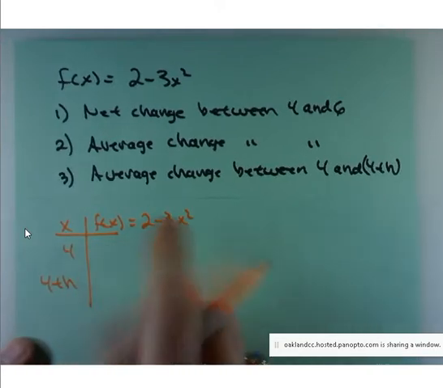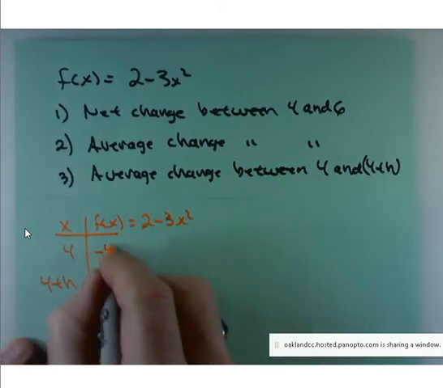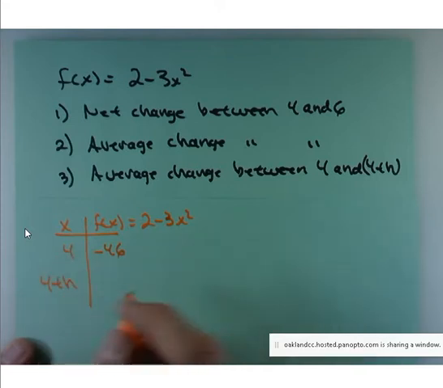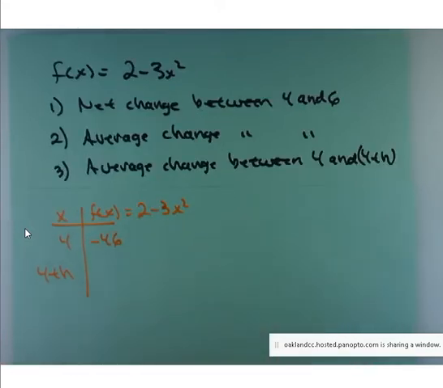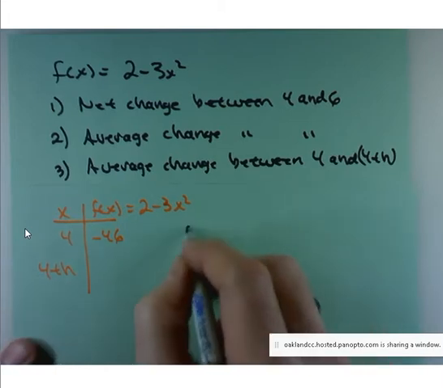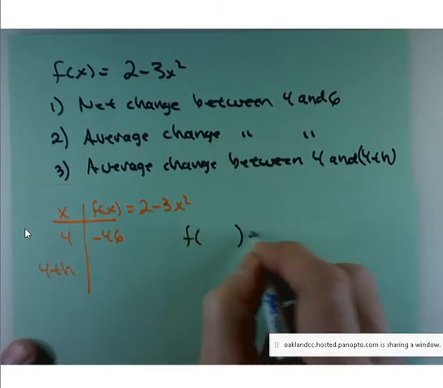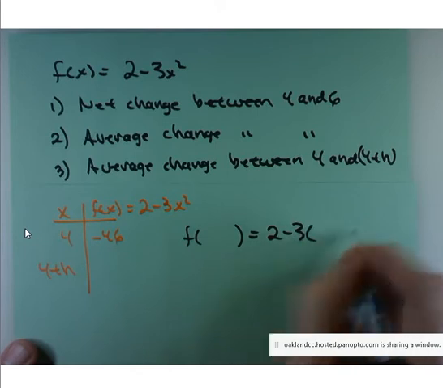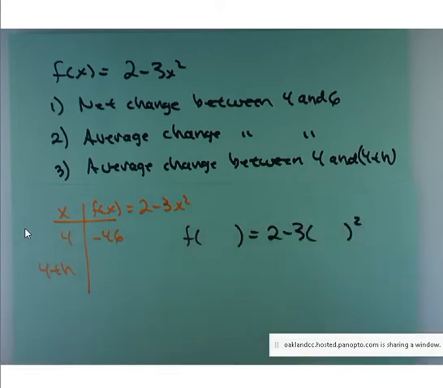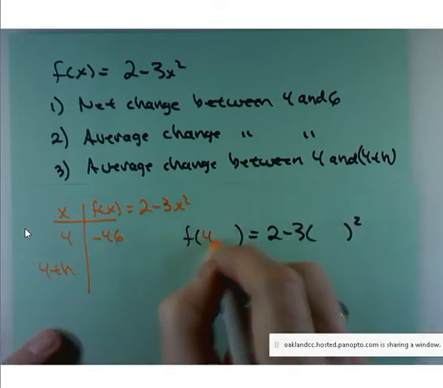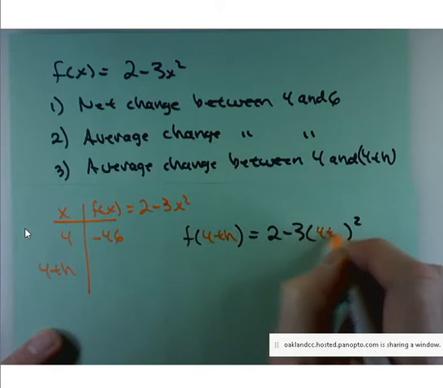Now f of 4 we already calculated was negative 46. F of 4 plus h, you're going to have to be a little bit careful on that one. So let me do that here. F of 4 plus h.